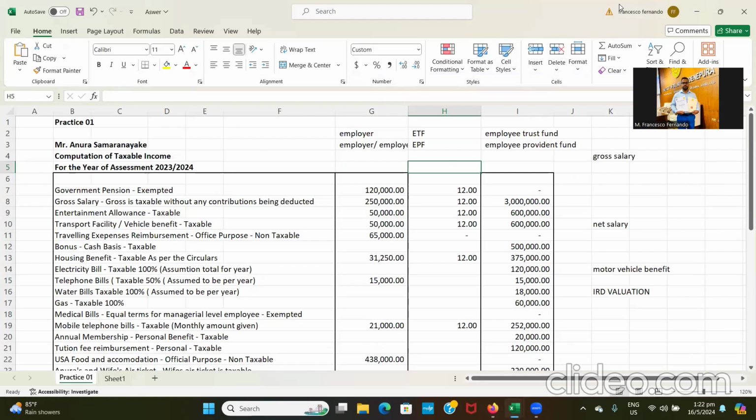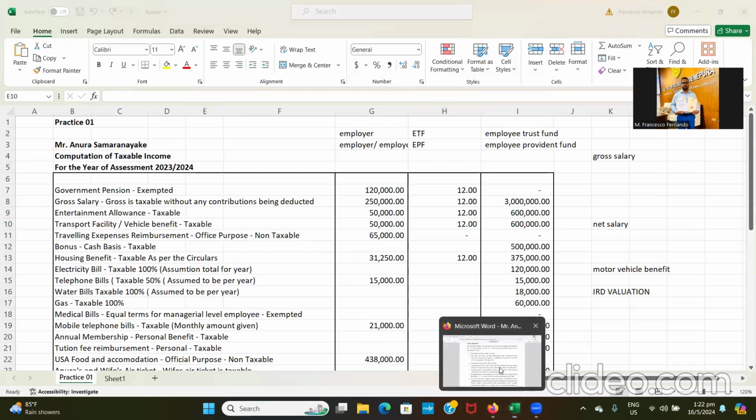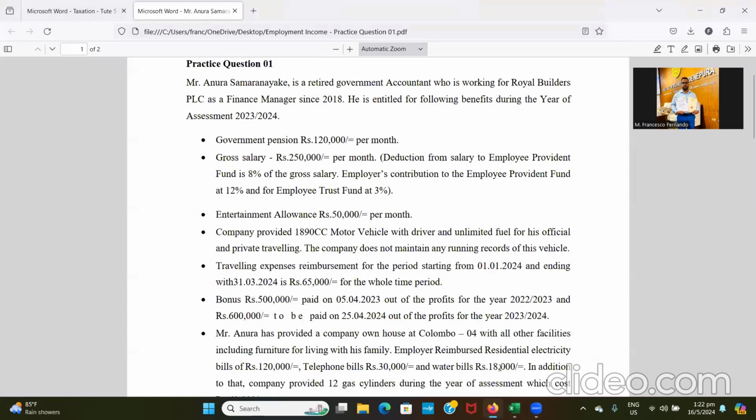Now here, this transport facility, which is the vehicle benefit, how to find this vehicle benefit? How can we find the vehicle benefit? Anyone?